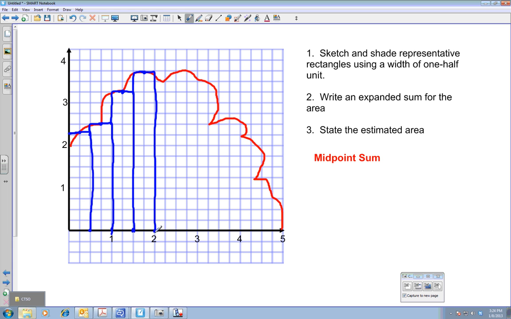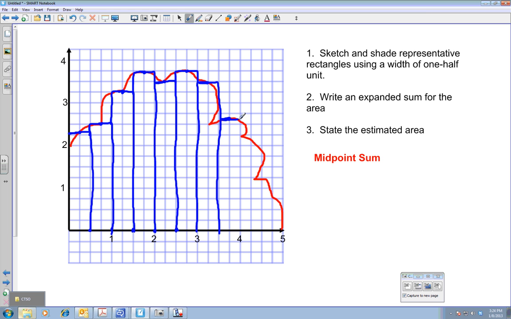Okay, and on your worksheet, they're going to have you do each one of those. So I just want you to basically figure out how you're going to draw your rectangles, because finding the area of those rectangles will be pretty easy. Base times height or length times width. You guys can do that. So I'm going to just finish drawing these with the midpoint touching the graph.